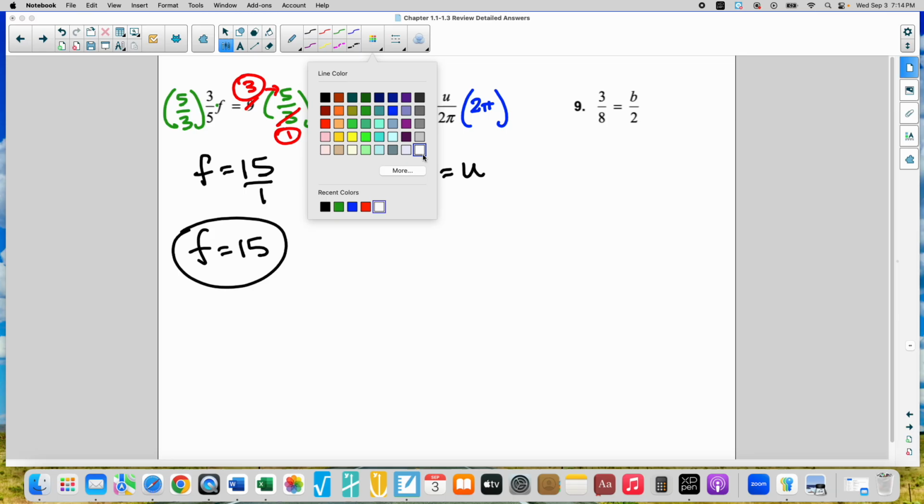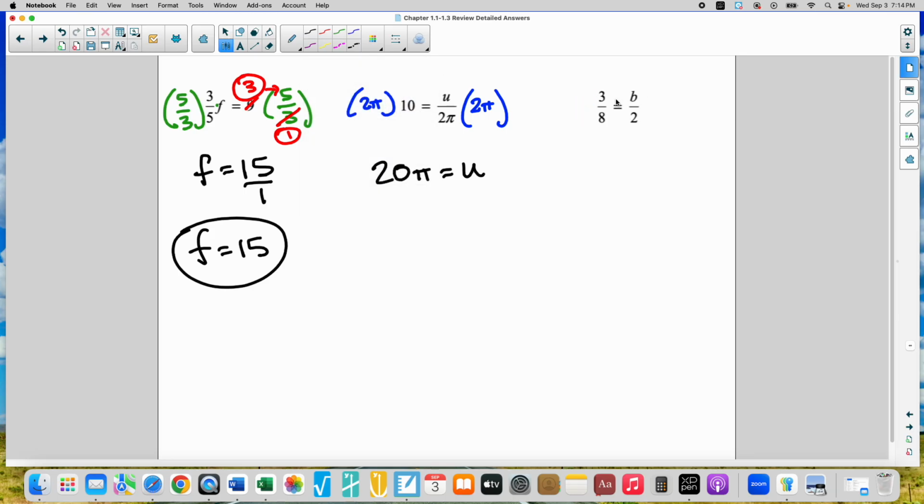All right, let's look at number 9. Number 9, what's happening to b? It's being divided by 2. The inverse of dividing by 2 is multiplying by 2. When I write that, I want it to look like it's in the numerator because when I multiply 2 times 3/8, that denominator and numerator have a common factor of 2. 2 goes into 2 once. 2 goes into 8 4 times.